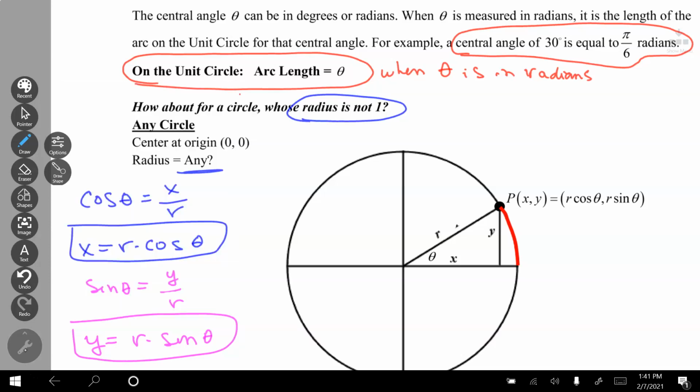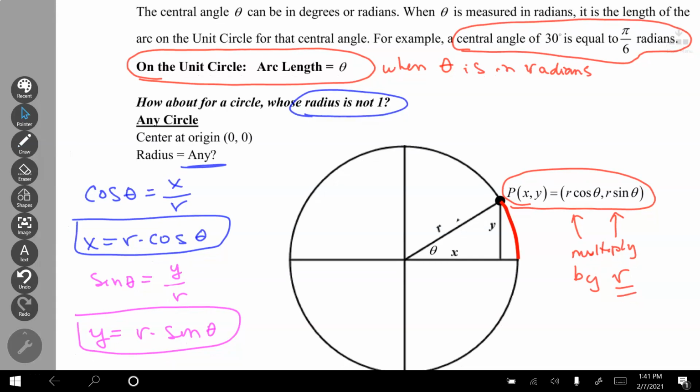So really what I have is every point on the circle is still cosine theta, sine theta, except now we're going to multiply them by the radius r to figure out what the real values are.